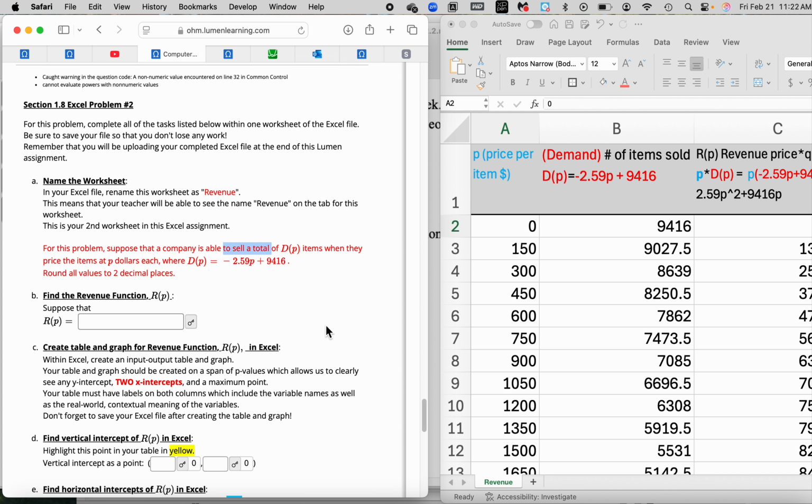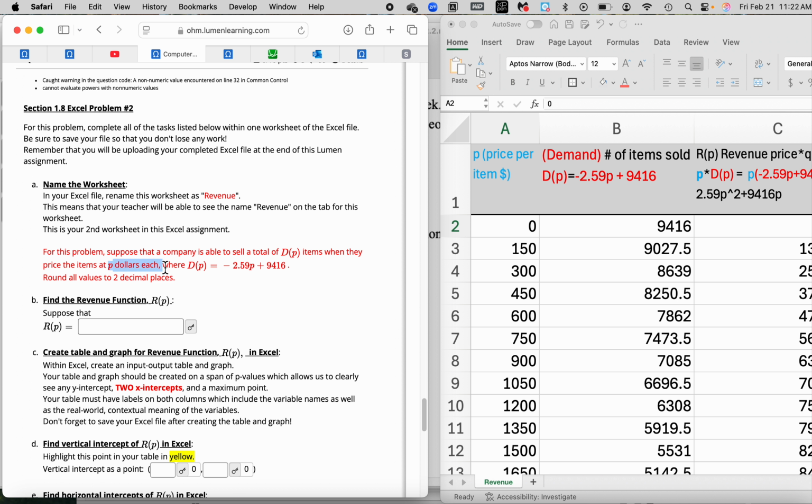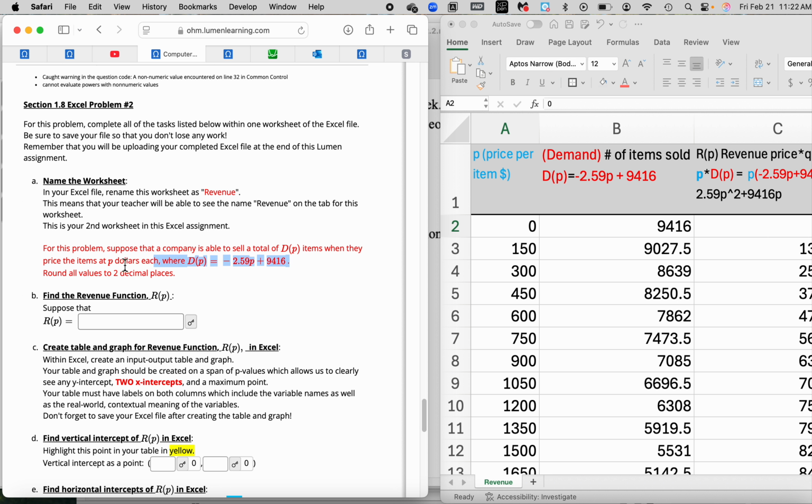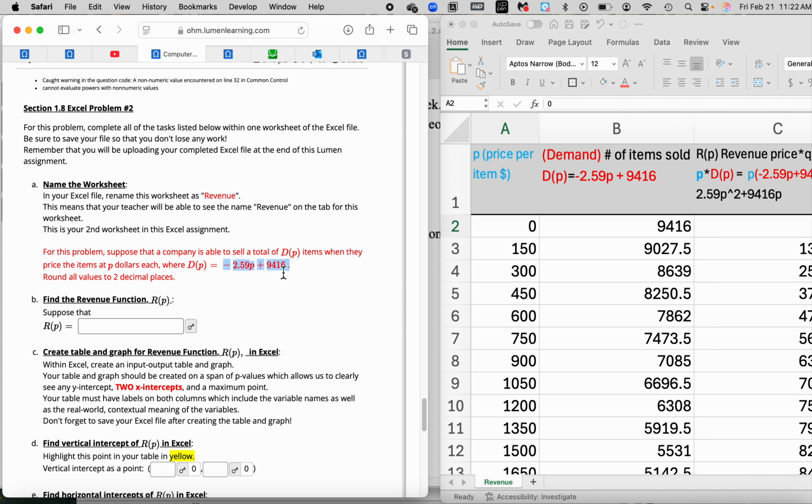So this is a quantity of items, okay? Then it goes on to tell us that P, or the input, is the price per item in P dollars. And then it gives us the function for D of P, also called demand.